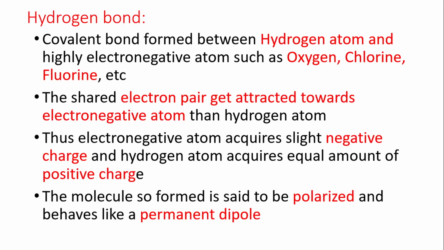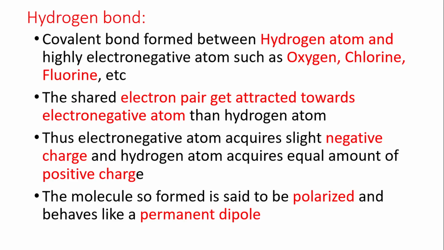Now, before answering the why, let us see what happens when the electron pair gets attracted towards the electronegative atom. Consequently it acquires a negative charge. And what about the hydrogen atom? Since there is no electron towards the hydrogen atom, it acquires an equal amount of positive charge.